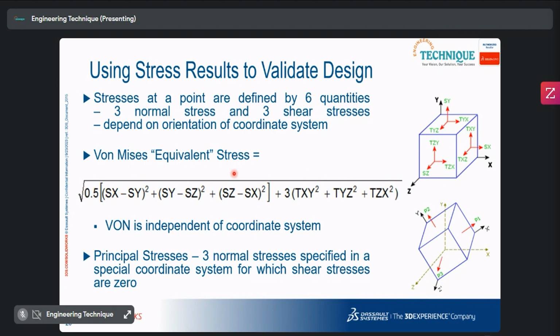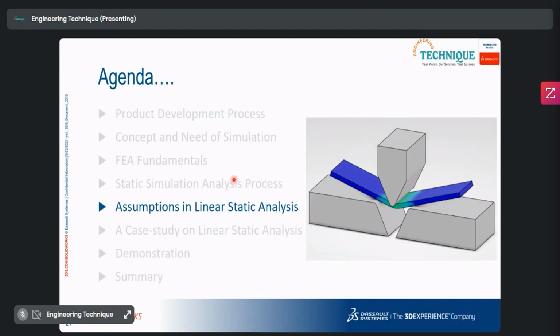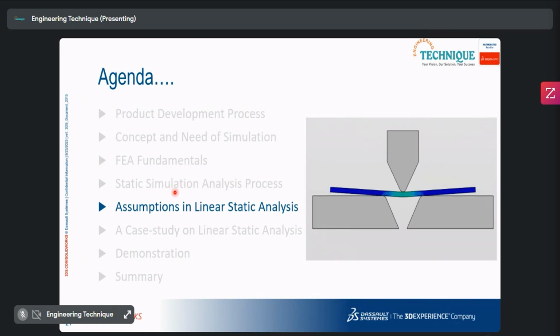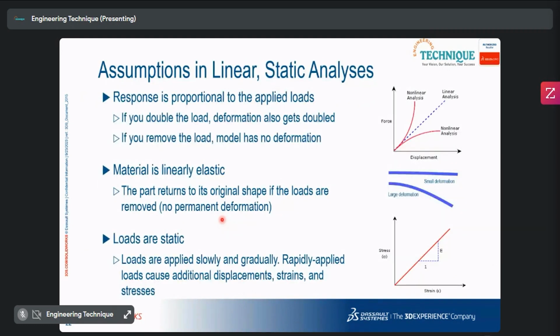Okay, now let's understand the basic assumptions that are considered under linear static analysis. In linear static analysis, it is considered that the response is proportional to the applied load. That means if you double the load, the deformation also doubles.